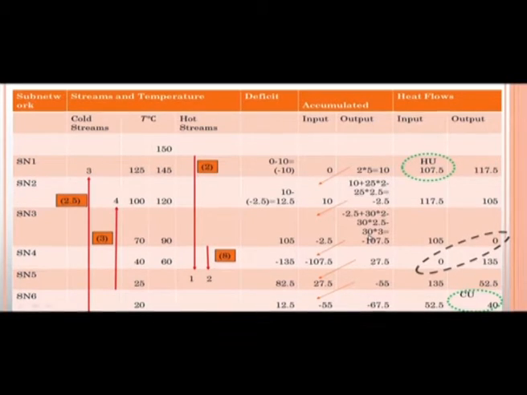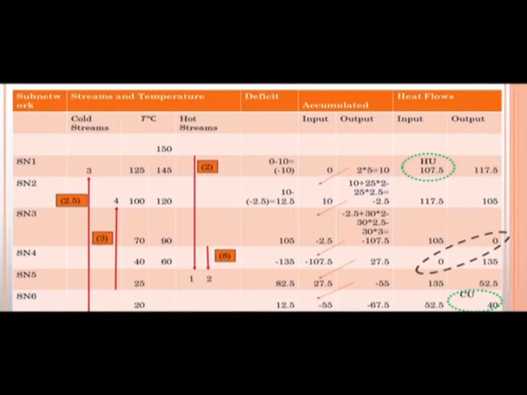Now, we are considering one energy cascade. So, heat is getting transferred from high temperature to low temperature, and not only that, it is getting transferred from a higher subnetwork to a lower subnetwork. While constructing the subnetwork, we have not violated the first law of thermodynamics.